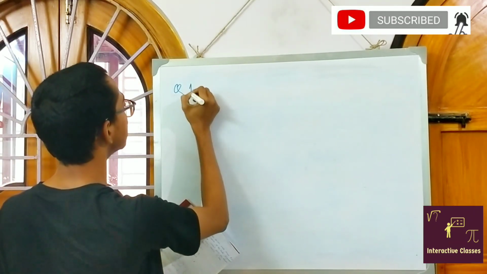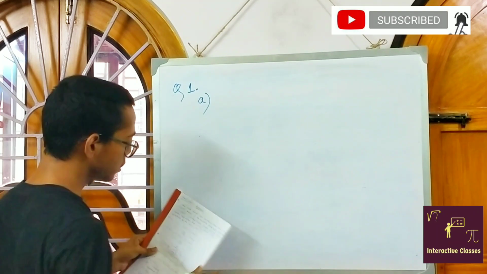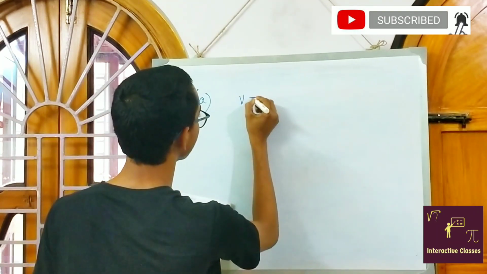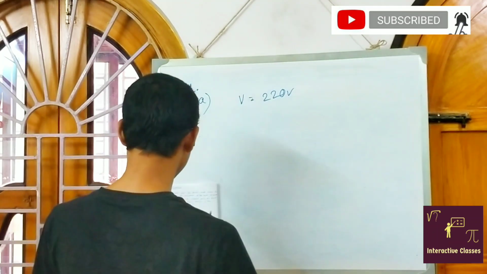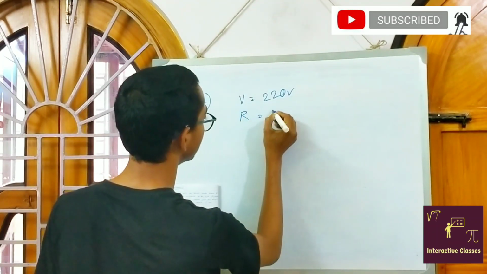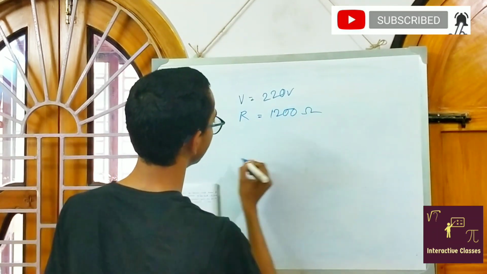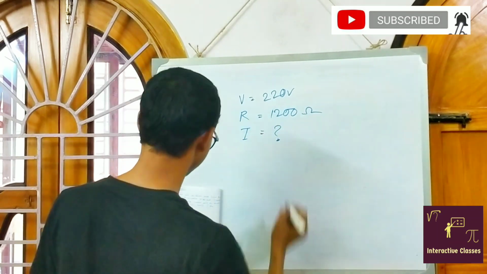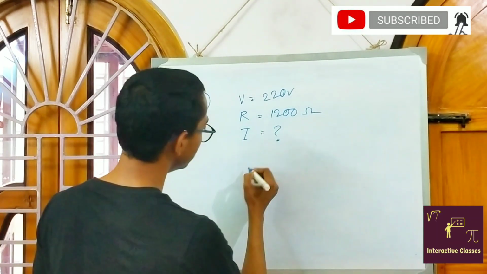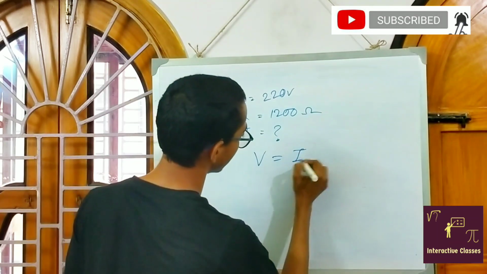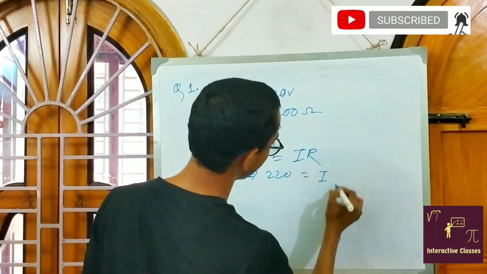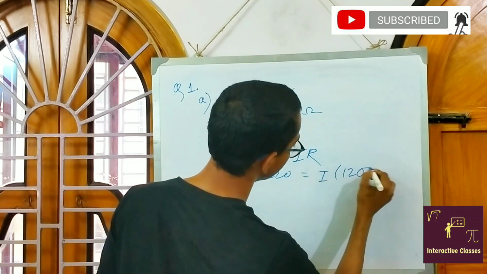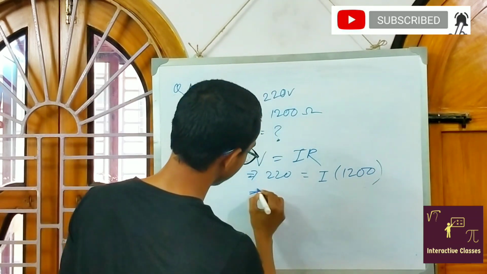So, question number 1, first part: the voltage is given as 220 volt, the resistance is 1200 ohm. We need to find the current through the circuit. Very easily, applying Ohm's law, V is equal to IR. 220 is V, and R is given as 1200.